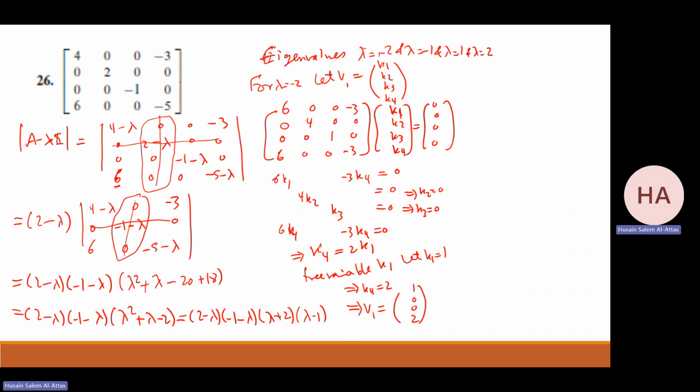Nice. Now for lambda equals minus 1. Let me see what will happen. I let V2 see the system. 4 minus 1, that will be 5, 0, 0, minus 3.